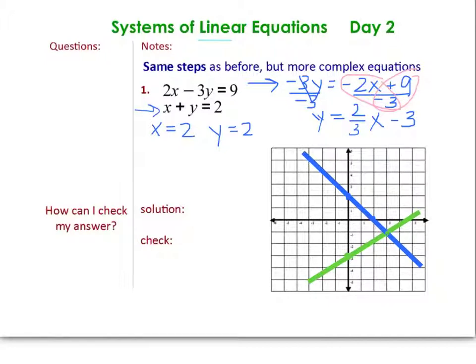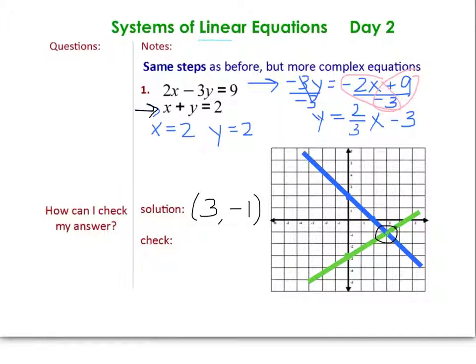This is just like before. I want to find my solution. My solution is where they intersect, and that looks like 3, negative 1. To check it, I'm going to put it into equation 2. Equation 2 is a little nicer, a little simpler.